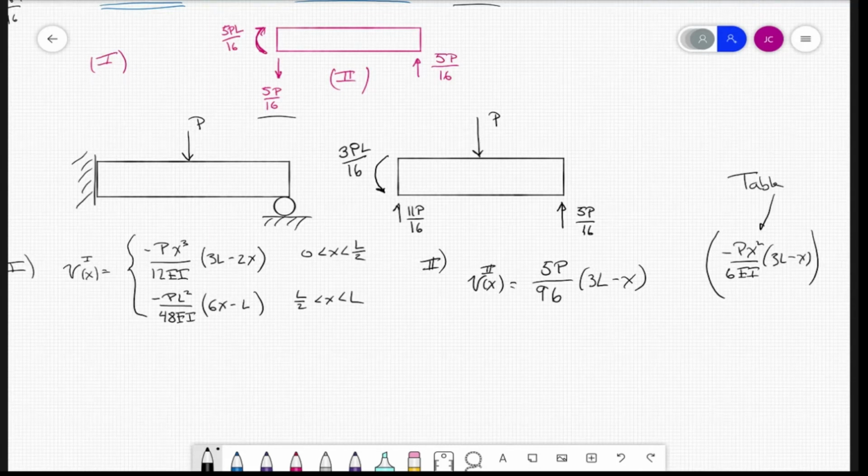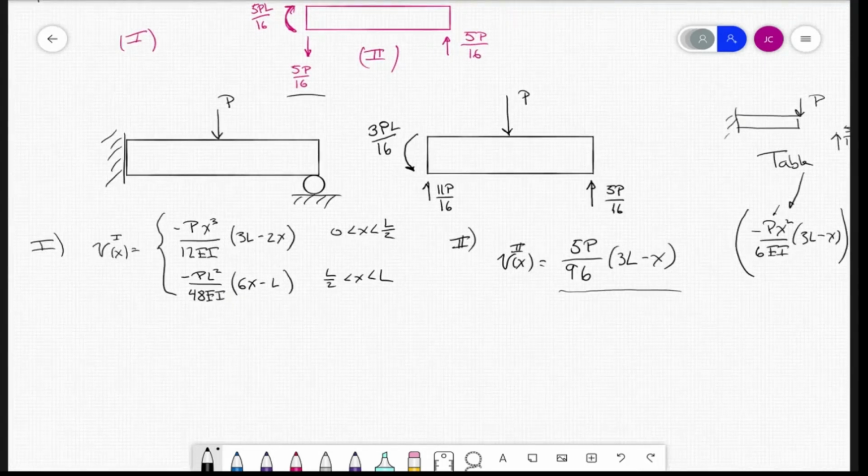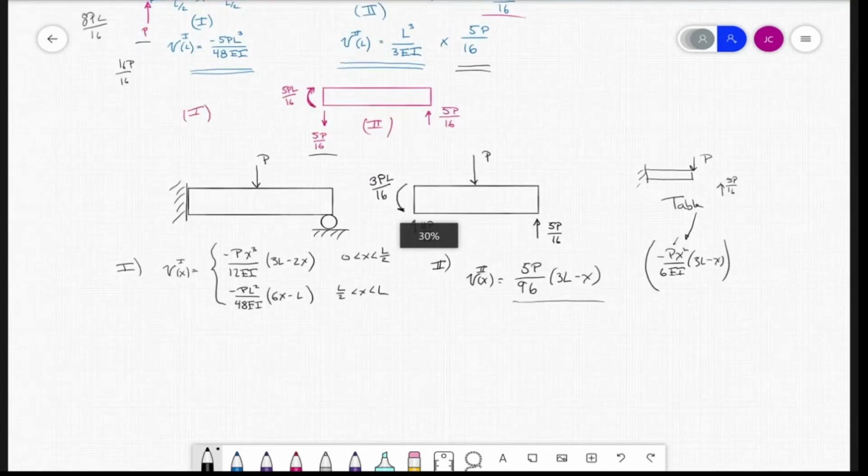But remember, if you look at the table, that's the case where we have a downward force of P, but we actually have an upward force of 5P on 16, correct? So I put a minus 5P 16 in here for P, and that gives me the following. And that's the deflection curve from 0 to L. So the total deflection curve is just the sum of these two.